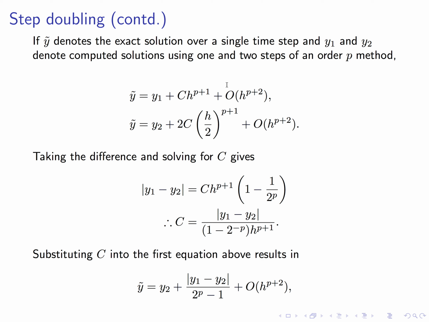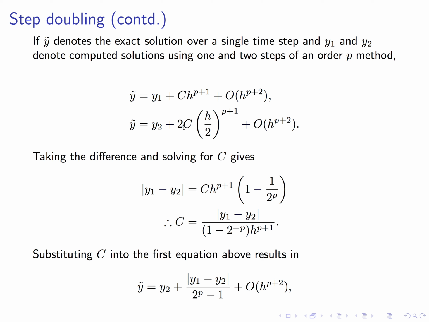Ordinarily this would be y1 plus big O of h to the p plus 1. But what I've done here is I've actually taken out one of the terms from big O of h to the p plus 1, to give us C h to the power p plus 1.